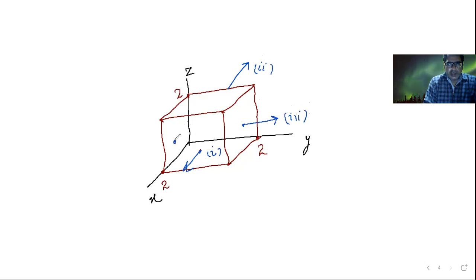This is the fourth face. Its arrow is leftwards. The fifth one is this one. So this is my figure 1.